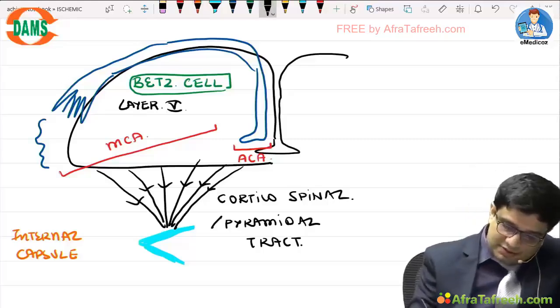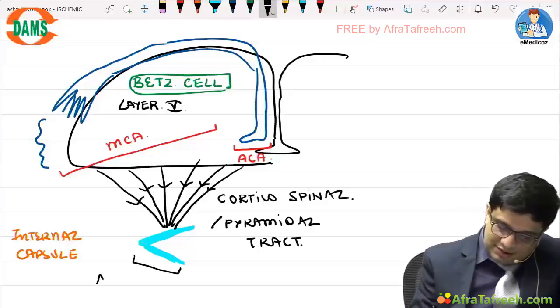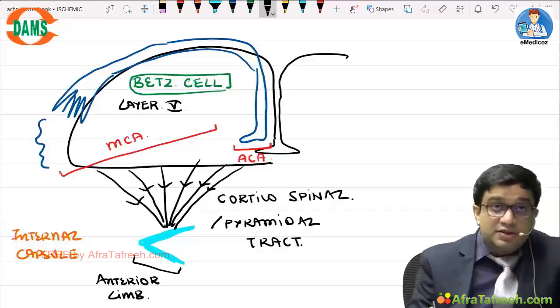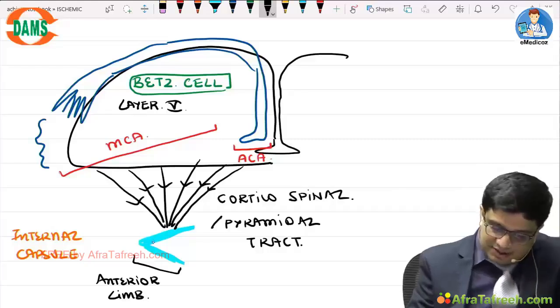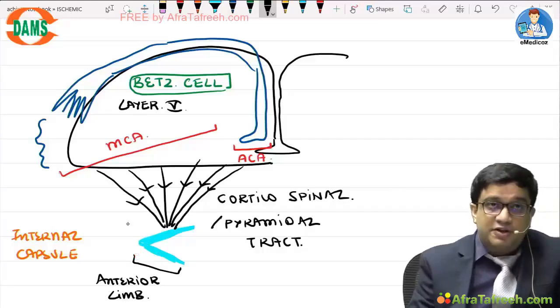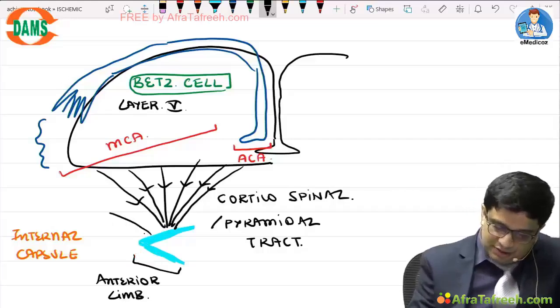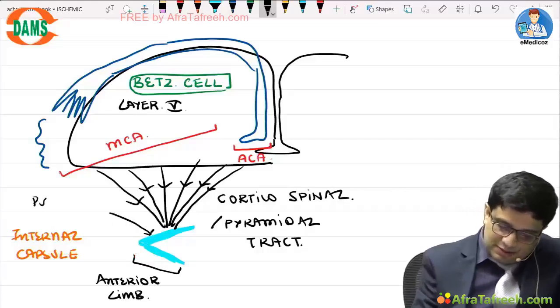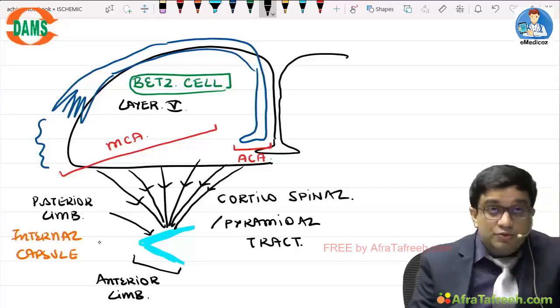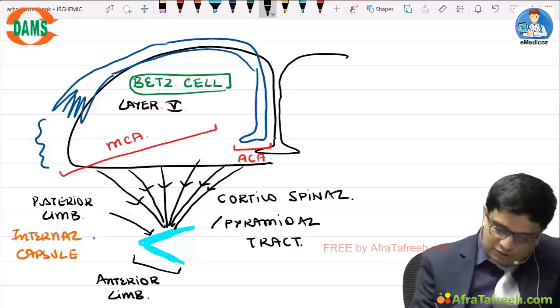One part which is here is known as the anterior limb of the internal capsule. The other part which is basically having all the corticospinal fibers over here, this one is known as the posterior limb of the internal capsule. And between the two is a small bend that we saw, that's known as a genu.